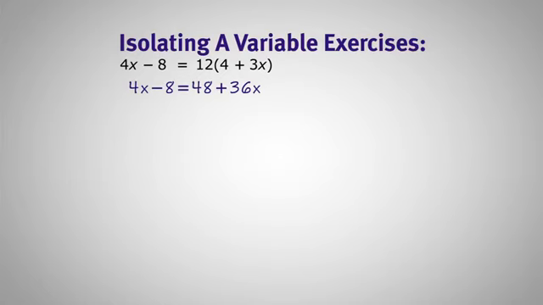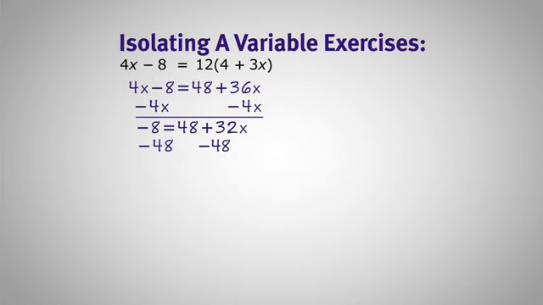Now we can combine our x terms. Do so by subtracting 4x from each side of the equation, which gives us negative 8 equals 48 plus 32x. Now we can move on to step 3, which is combining our like terms. We're going to subtract 48 from both sides of the equation, giving us negative 56 is equal to 32x.